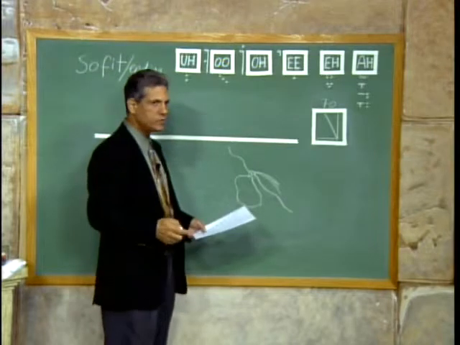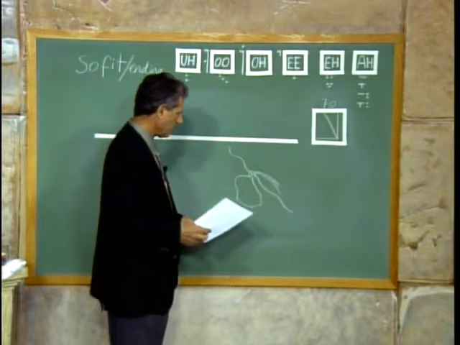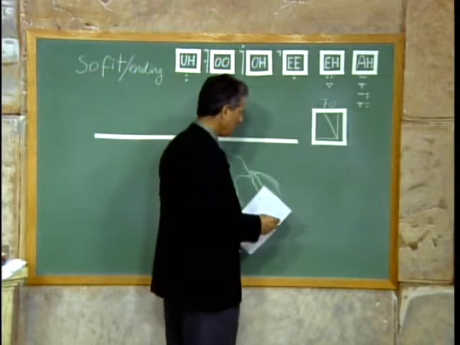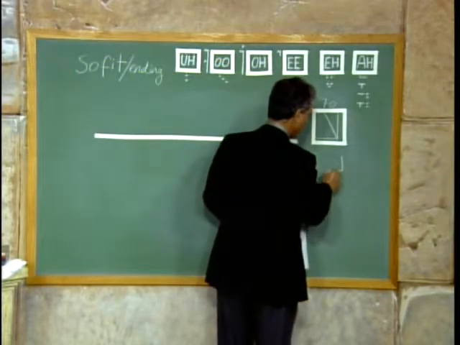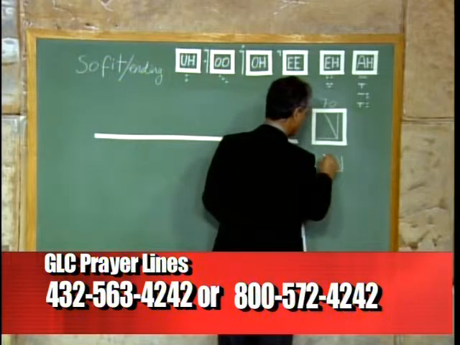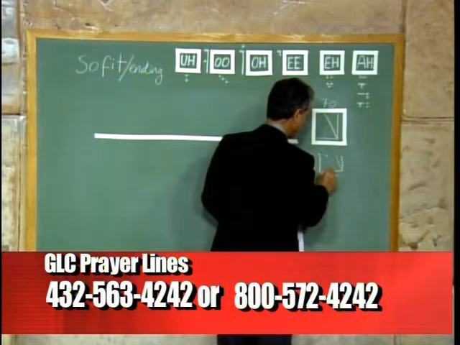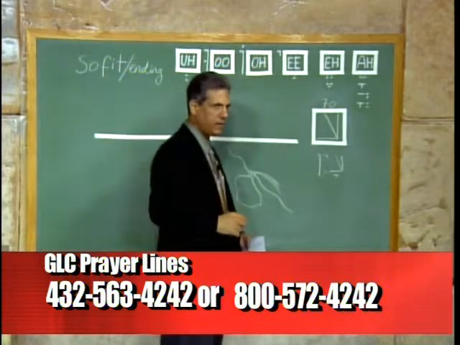Now, how do we use that letter? First of all, let's spell the name of the letter. So we have ayin, yud, and a nun sofit, like we did before, and that is ayin, the name of the letter.